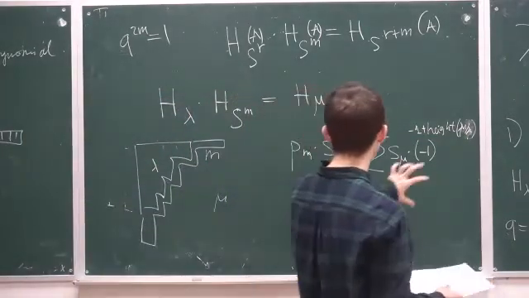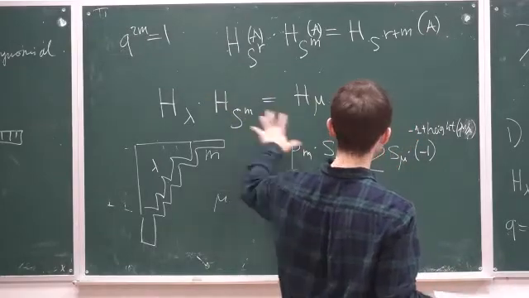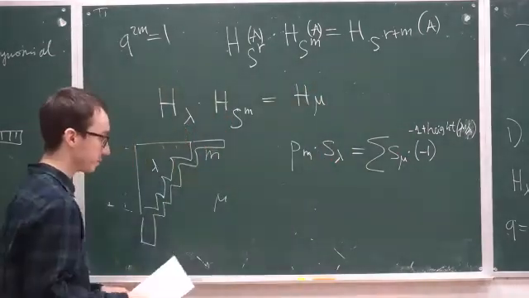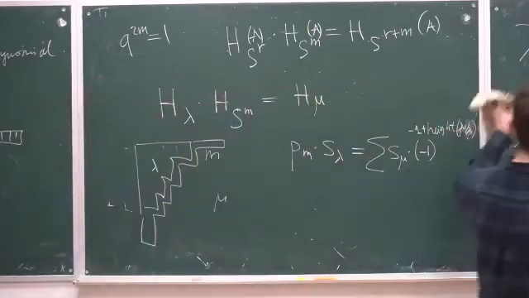But I can prove only some linear combination of these identities that involves all mu in this expansion. And this is the Nakayama formula.